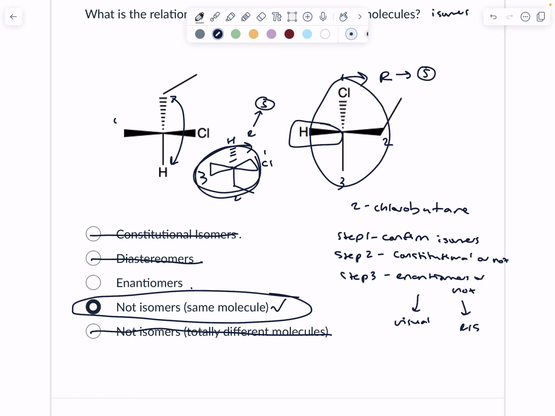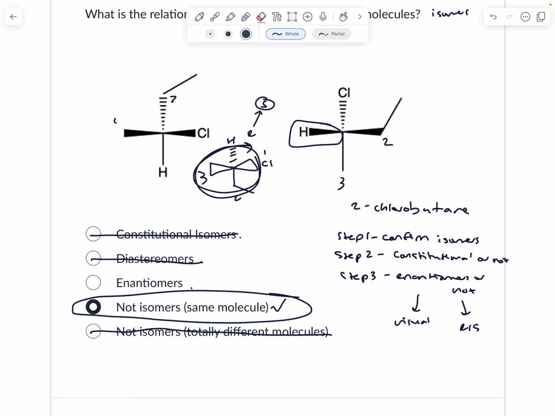Another thing that you can do if you're good at visualizing molecules is something that Joey, our PLTL leader, talks about a lot: holding one atom and rotating the other three all in the same direction. For example, he would hold this CH3 steady and then rotate to get your hydrogen to go backwards.